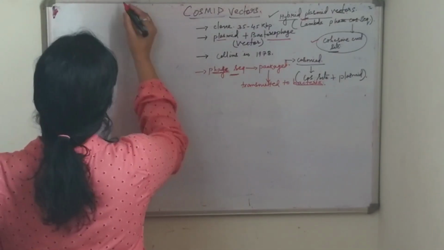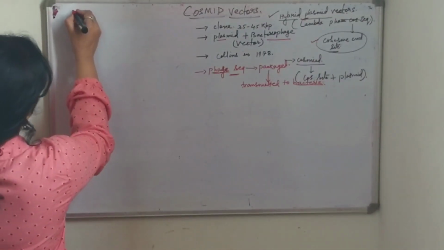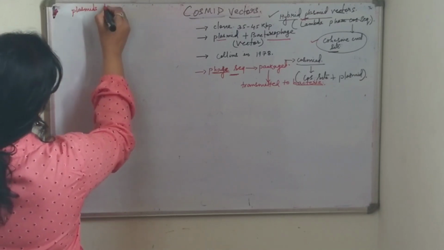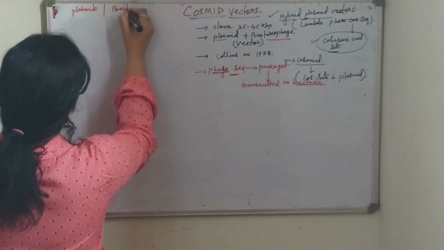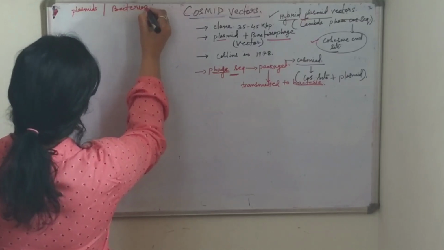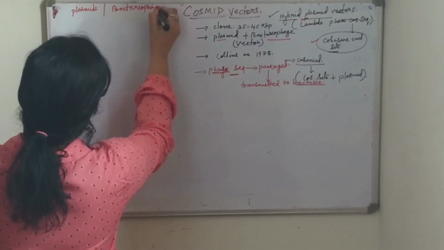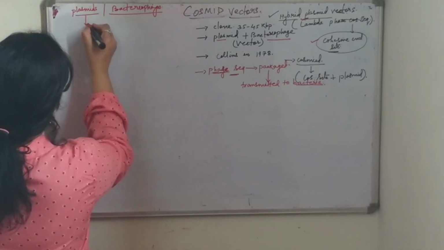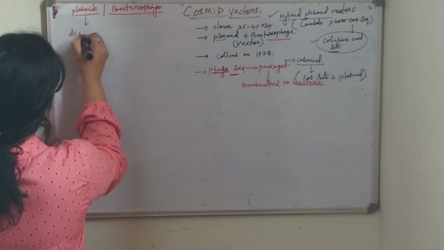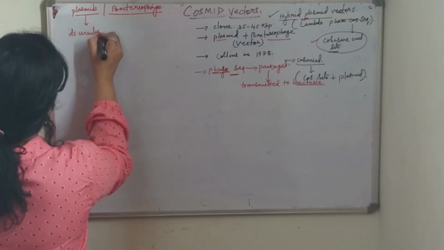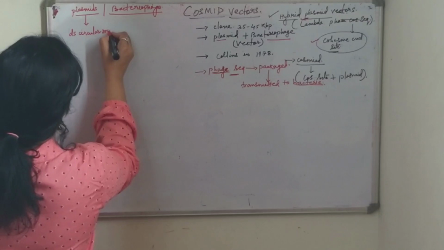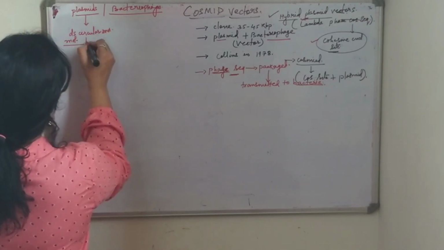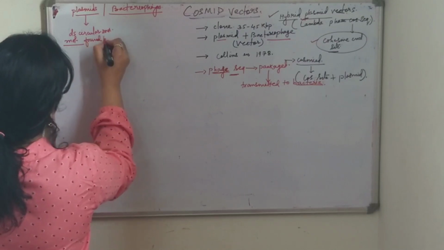Now we know about plasmids and bacteriophages. Let's review that. Plasmids are double-stranded circular DNA molecules found in bacteria.